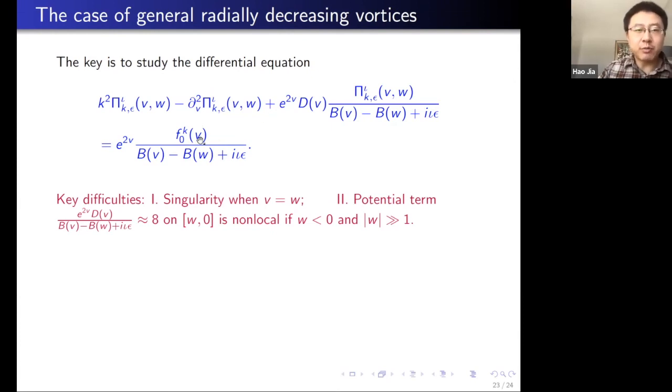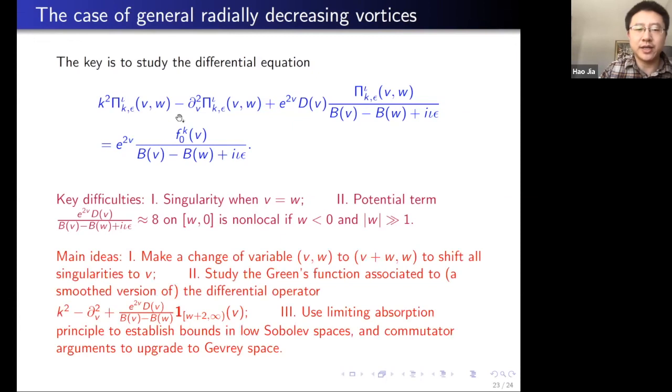But in this problem, we also have a low frequency issue. The low frequency issue is reflected in the fact that the potential is not decaying on a large interval. So instead of looking at this as a main term, we actually have to extract a part of the potential and incorporate it into the main term, and from that, we can handle the rest of the problem.